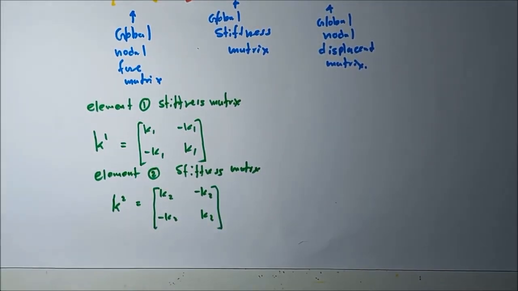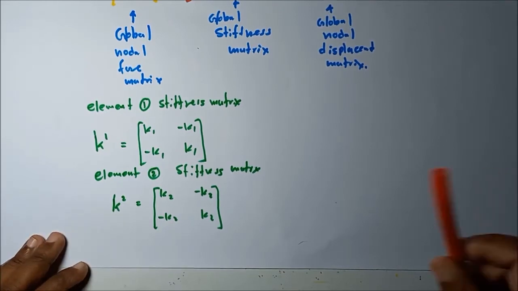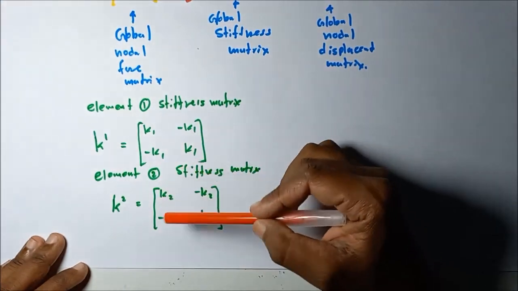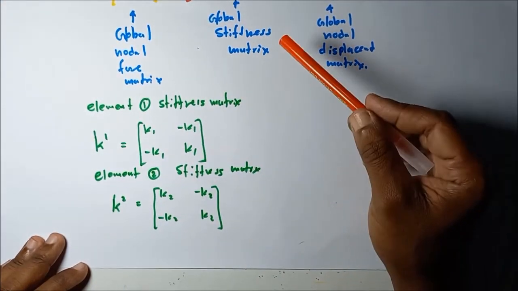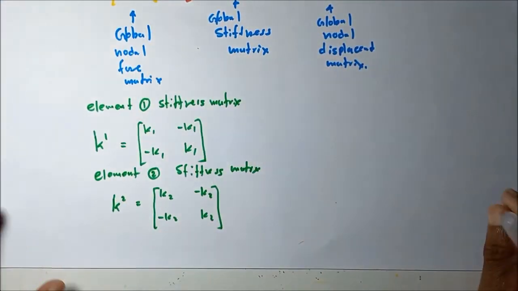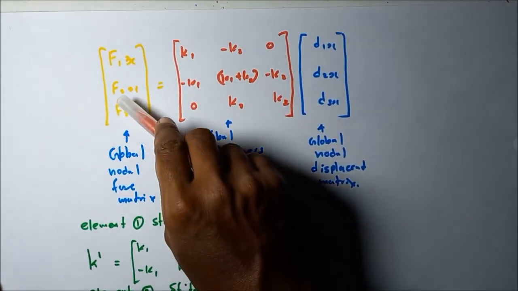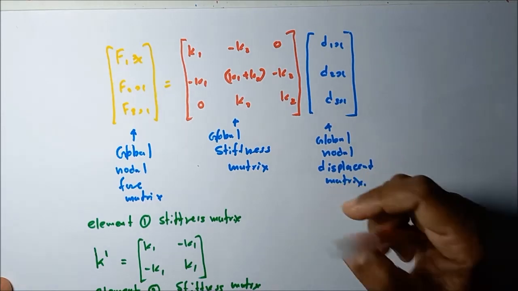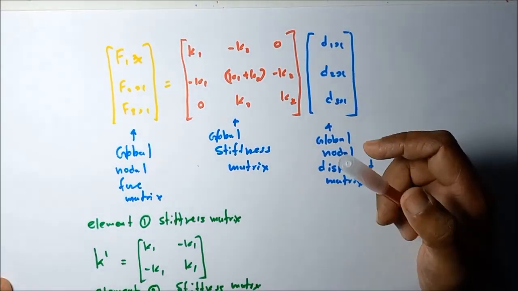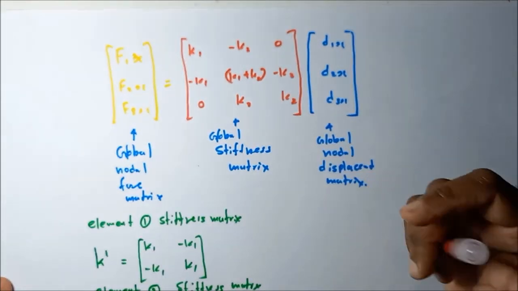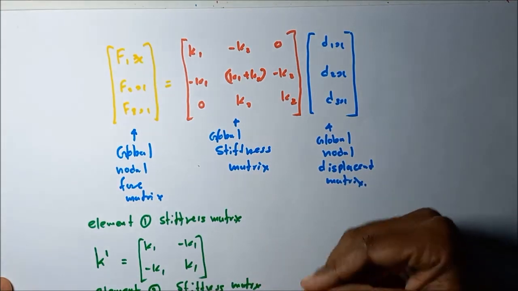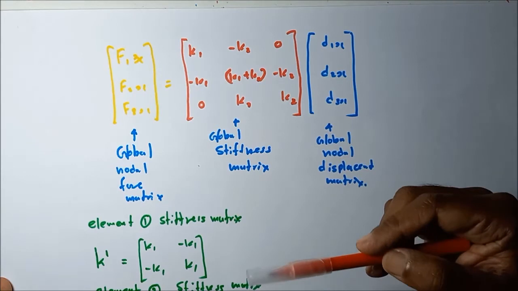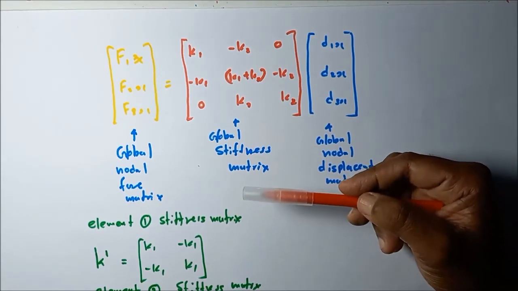Then if we can write the global stiffness matrix using these element stiffness matrices, we can easily write the global equation by relating the nodal forces with the nodal displacements. Here I am explaining the easy method to obtain the global stiffness matrix from the element stiffness matrices. This method is called the simplified direct stiffness method.